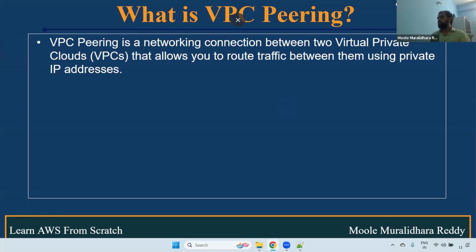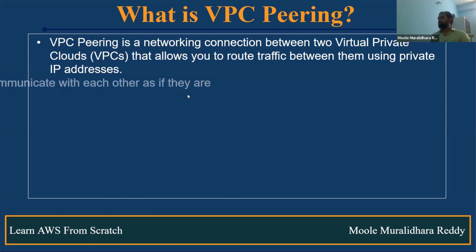You have two different VPCs. By default, both VPCs are isolated, right? It means one VPC's resources cannot access another VPC's resources. So if you use VPC peering, we can set up connectivity between these two different VPCs so that traffic is routed between them using private IP addresses only.